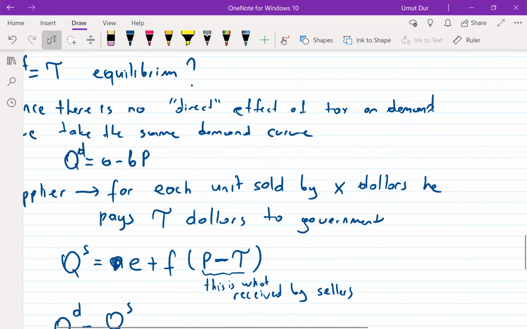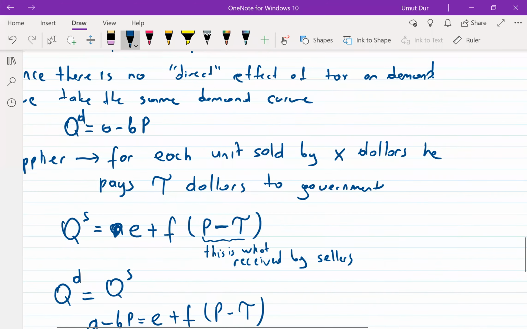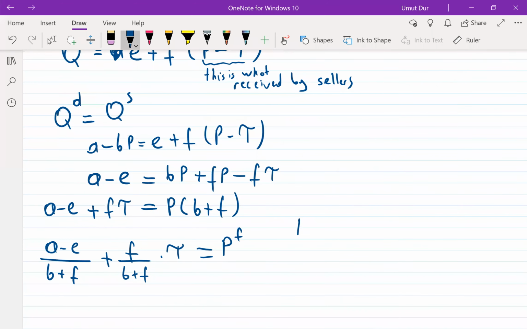If you remember our initial price, it is A minus E over B plus F.